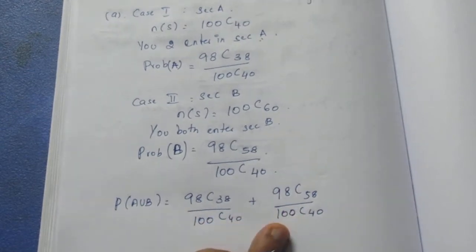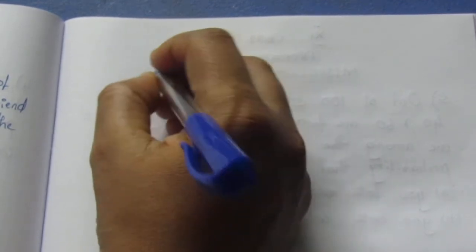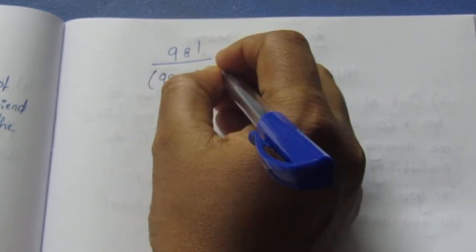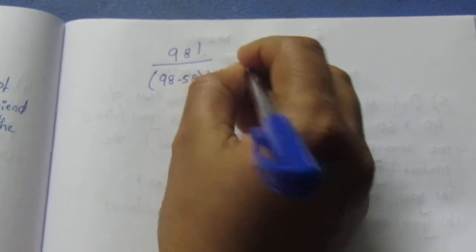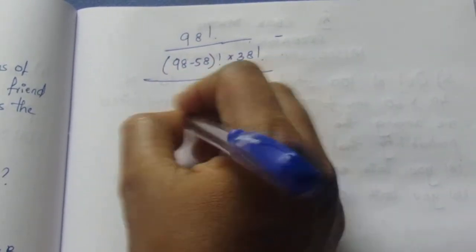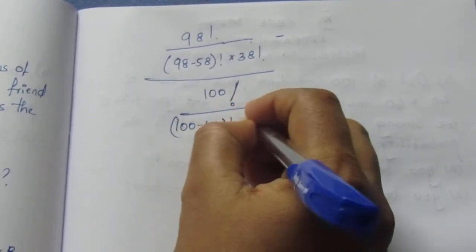Let us solve the sum and calculate it separately. 98C38 is 98 factorial by (98 minus 38) factorial into 38 factorial, and 100C40 is 100 factorial by (100 minus 40) factorial into 40 factorial.